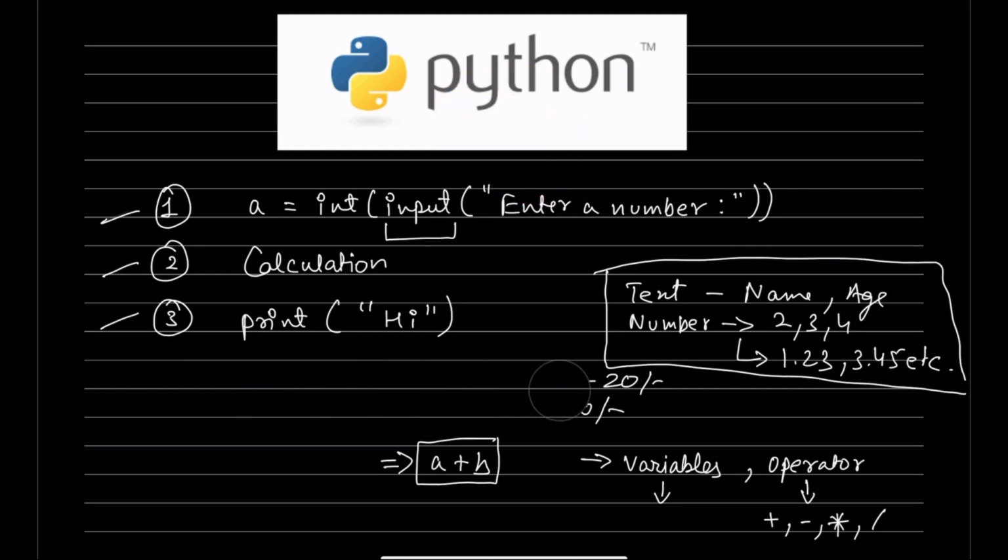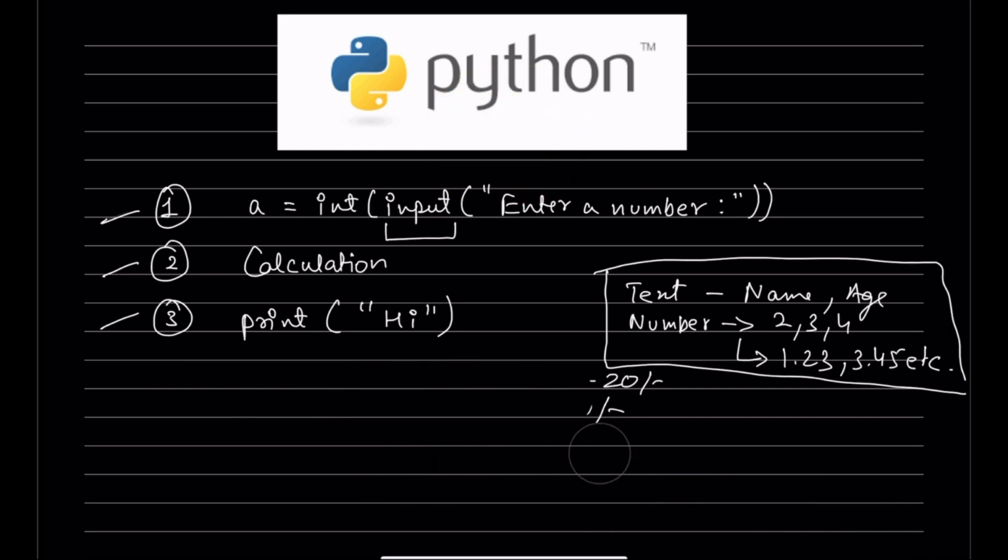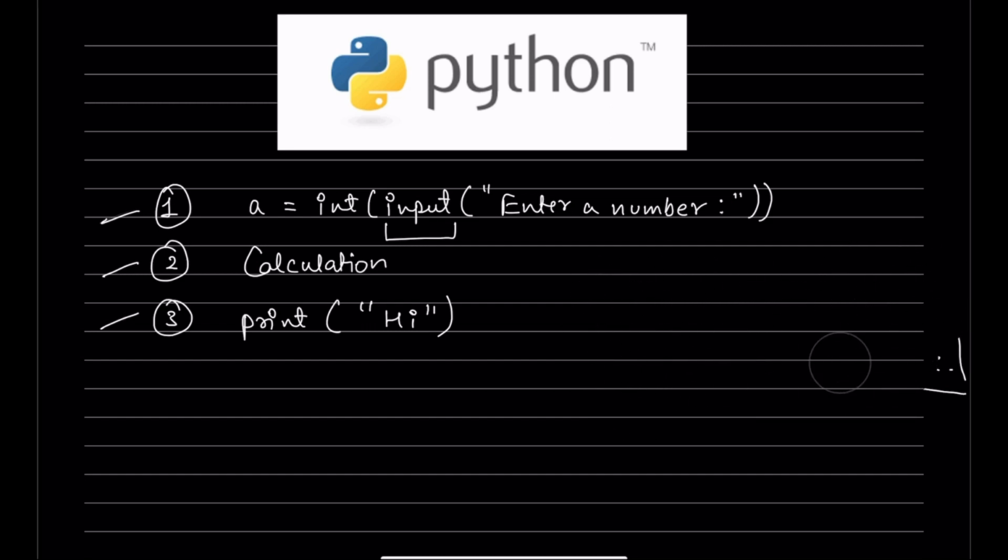After we are done with the calculation part, the final thing for you to do is to print the output. So let's say you got the results after adding the two values, the amount you need to pay. So you have the calculation part done like this: a plus b. So let's say it gives you 50.